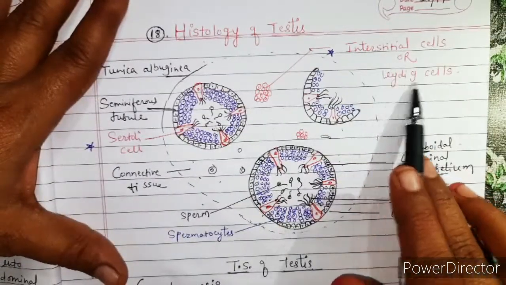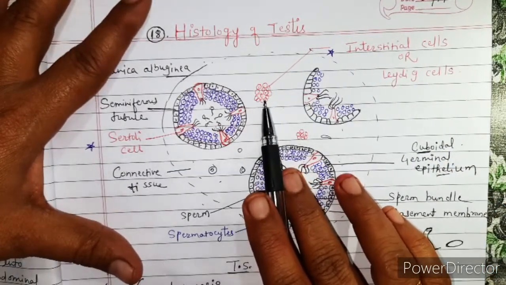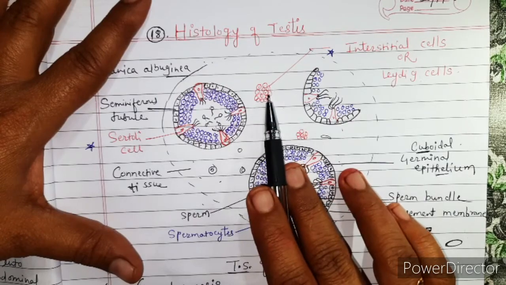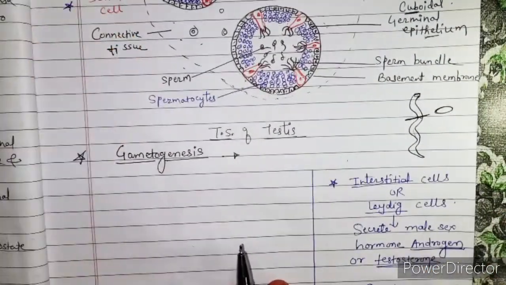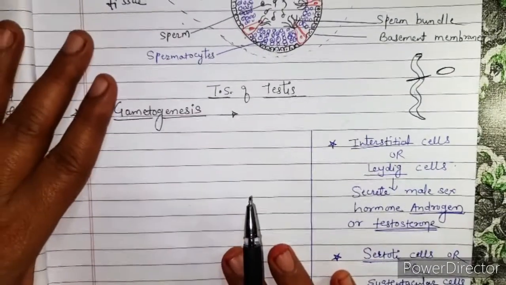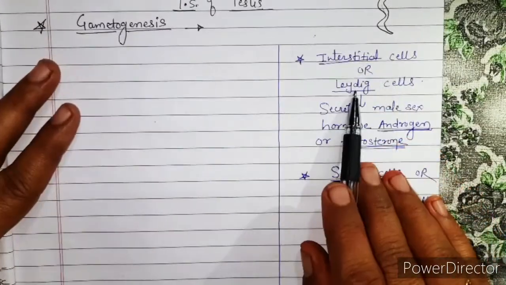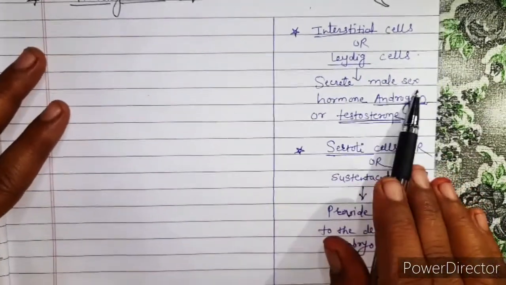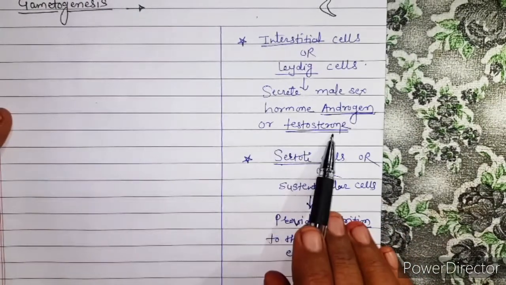They are also important cells because they secrete the male sex hormone called androgen, or testosterone. So interstitial cells, or Leydig cells, secrete the male sex hormone androgen, also called testosterone.